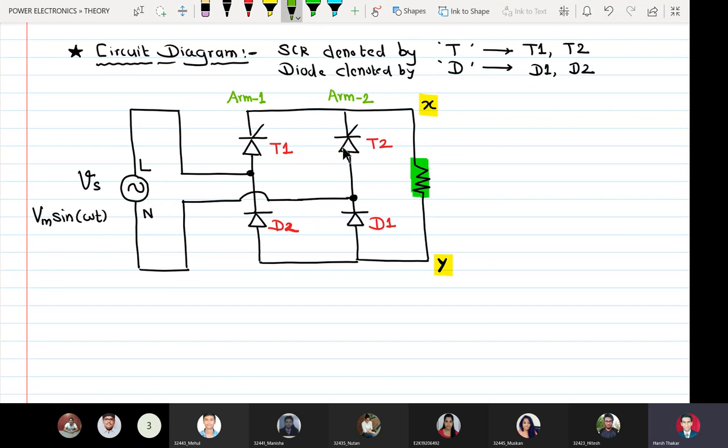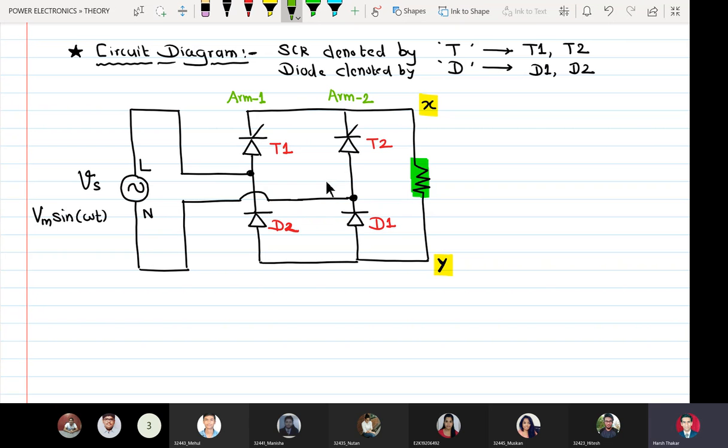So as soon as the positive half cycle starts, these 2 devices begin to conduct, and they get commutated at the end of positive half cycle, that is omega t equal to pi. At omega t equal to pi, as soon as negative half cycle starts, the second pair of diodes starts conducting, and they get naturally or line commutated at omega t equal to 2 pi, because at omega t equal to 2 pi the positive half cycle starts again.